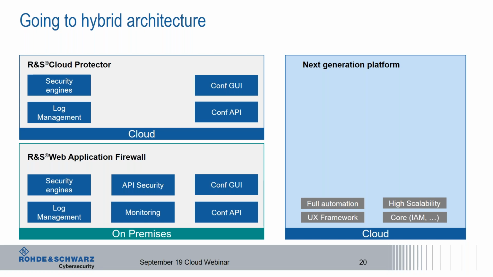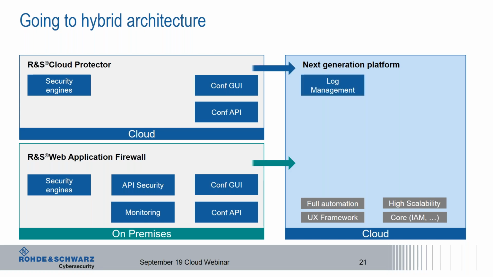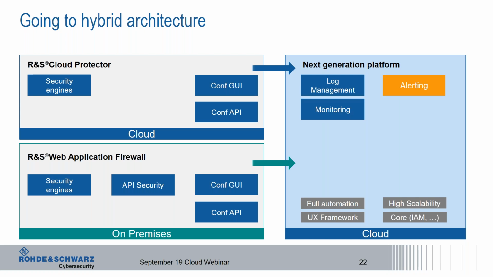And yeah, we want to put some capabilities, for example log management, monitoring, reporting, and create some new alerting capabilities, and bring them from the current Cloud Protector platform to the next generation platform, but also allow the on-premise product to connect to this Rohde & Schwarz next generation platform. It means that you can have a product that stays on-premise close to the application, but some capabilities will be directly hosted by Rohde & Schwarz.